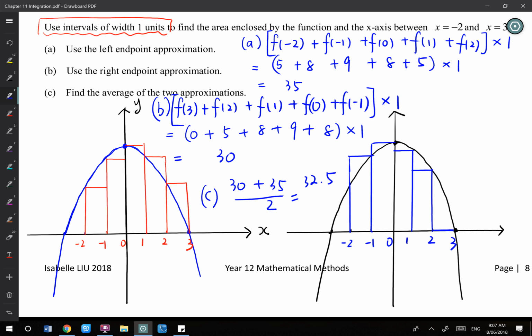You start from whichever side they require, and each x value increases by the interval width, 1 or 0.5. Also, from -2 to 3 is 5 units, and each rectangle is 1 unit, so you should have 5 values: 1, 2, 3, 4, 5. You can't add another one, because that would be the 6th. So 5 on each side.